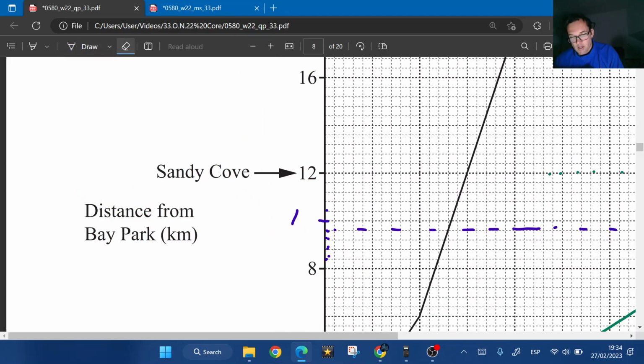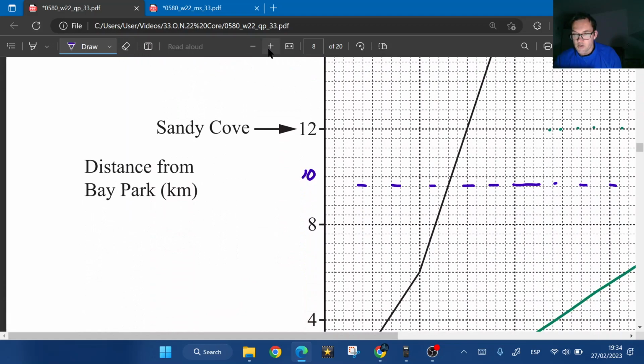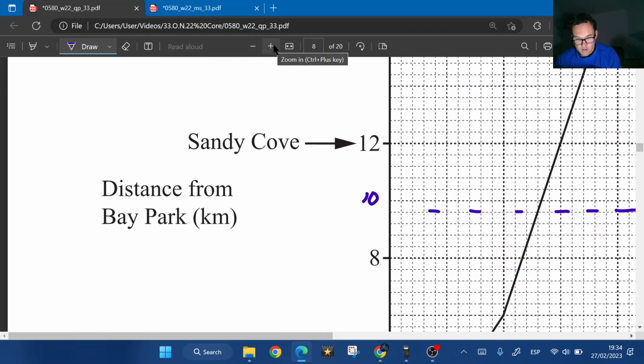You need to look carefully or you won't get your marks. Okay, so let's look at that scale. Halfway will be 10. And there's 1, so each square is 0.4. So this will be 8.4.